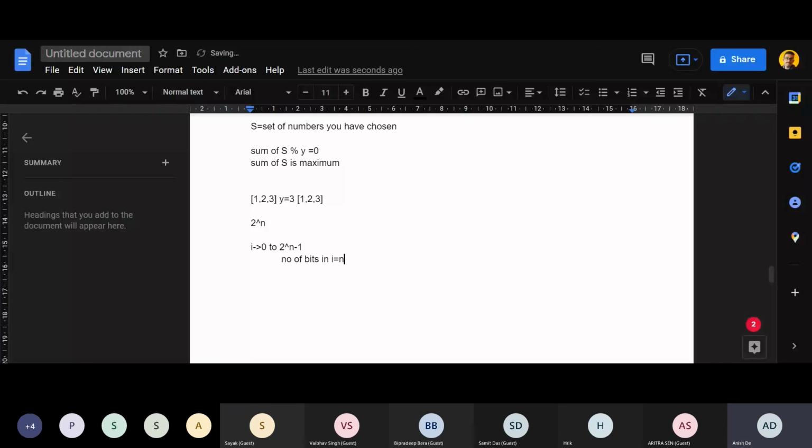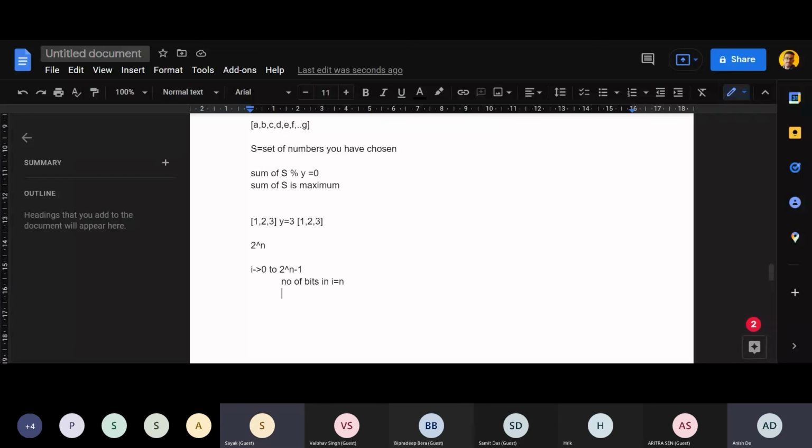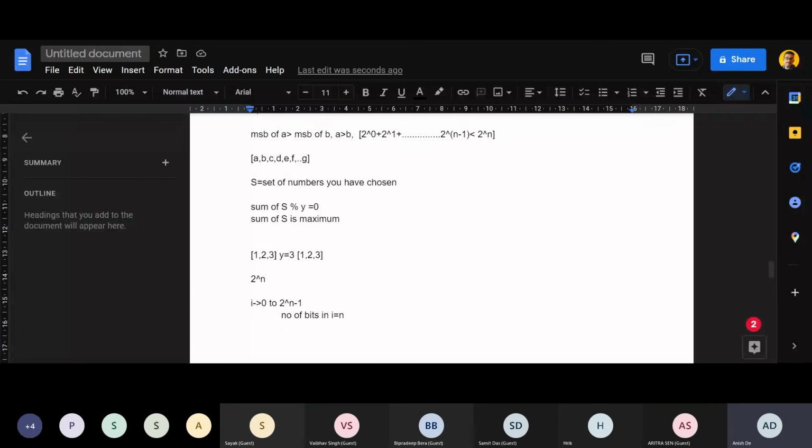So out of n bits in I, there will be some set bits and some unset bits. The places where I has a set bit, we will take those numbers, and the places or indexes where I doesn't have a set bit, we will not take that number. For example, if I is 7 and n is 5, the binary representation of I will be 00111. So I has an unset bit in the first position, so we don't include the first number.